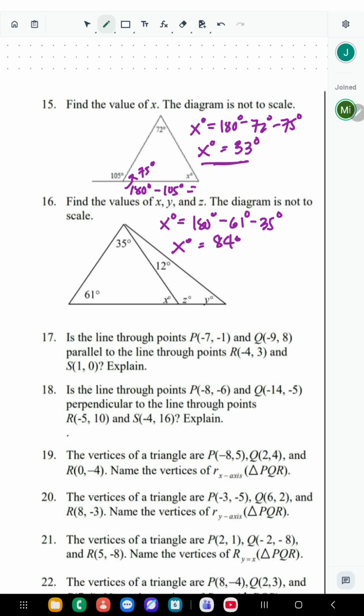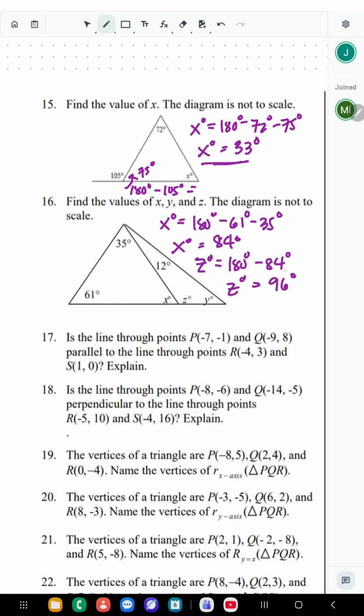Okay, x is 84, so that means z is 180 degrees minus 84, which is 96.